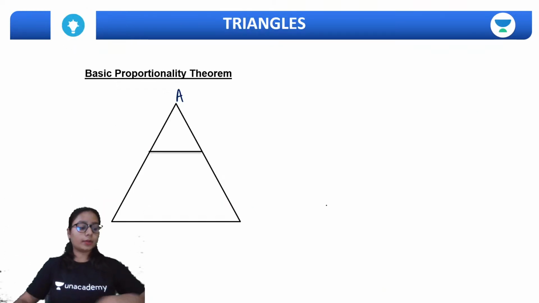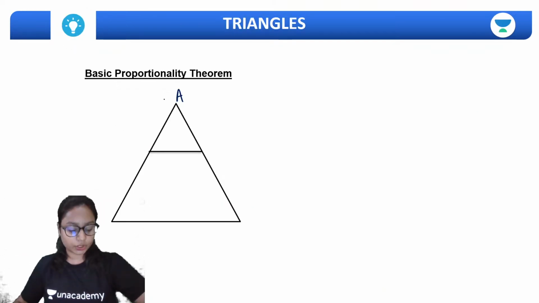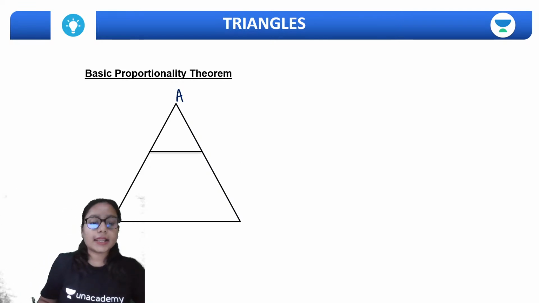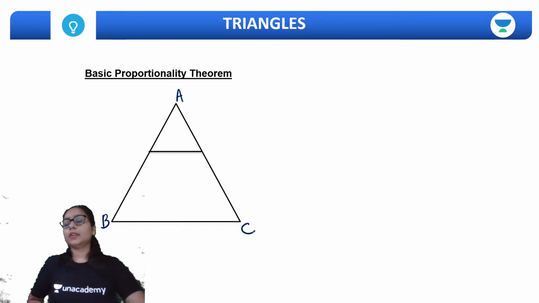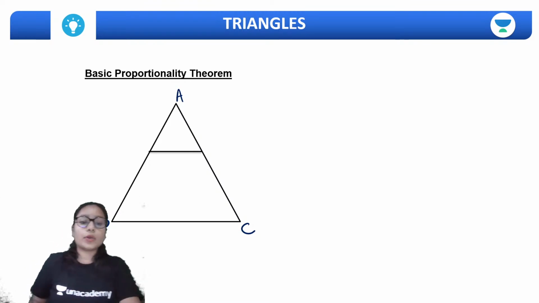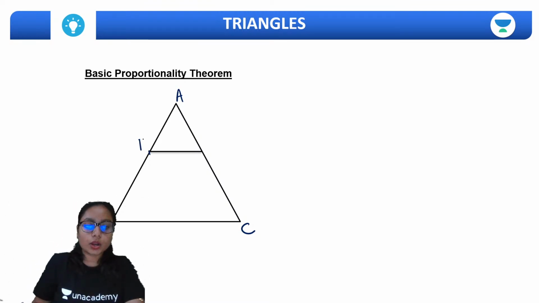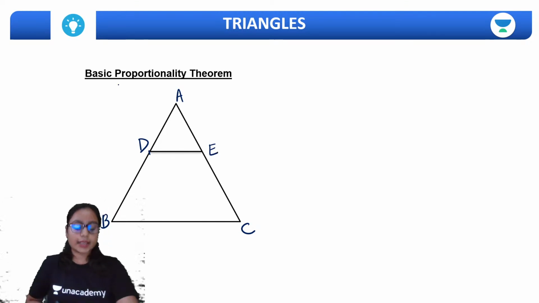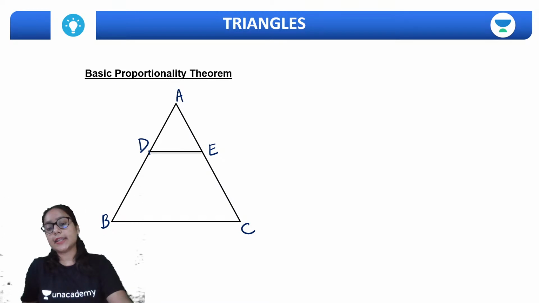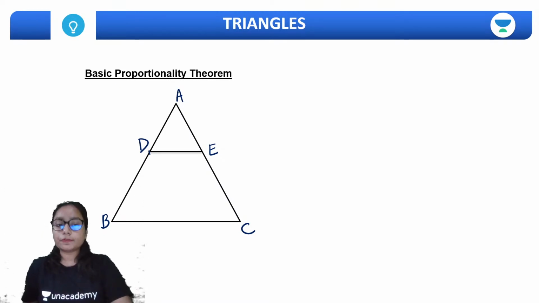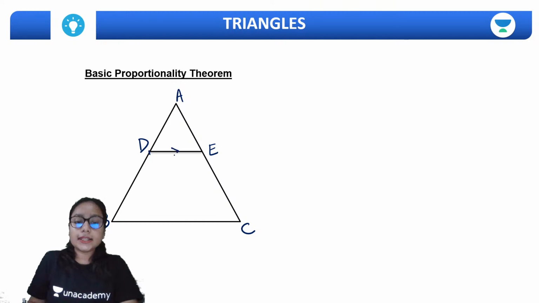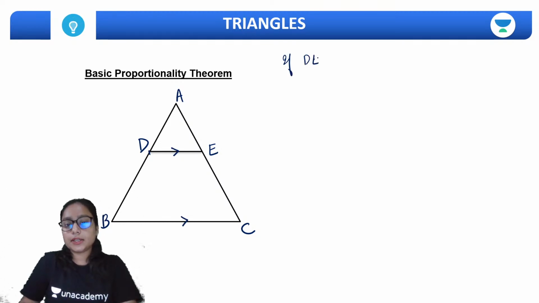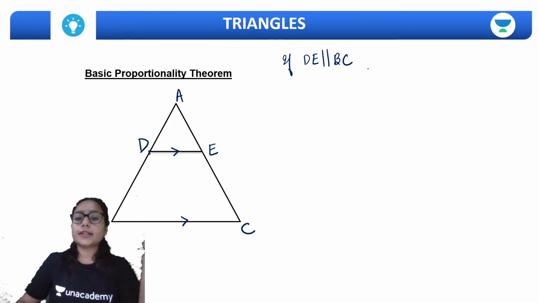Now, about the basic proportionality theorem. If I have a triangle ABC, and I take a point D on the side AB and a point E on the side AC, and it is given that DE is parallel to the base BC, what does this mean?